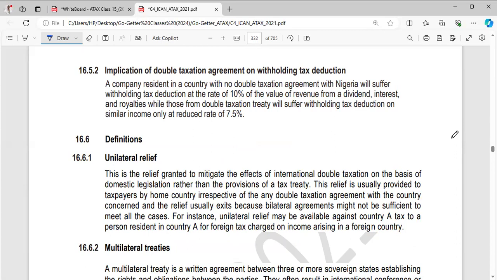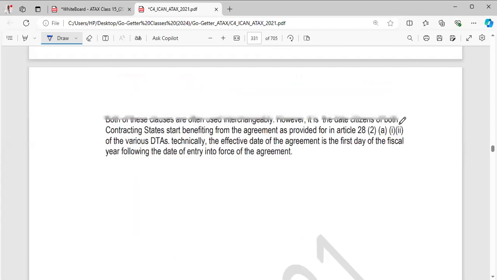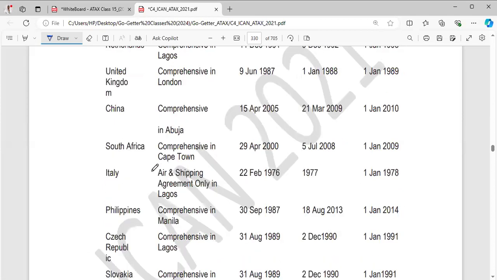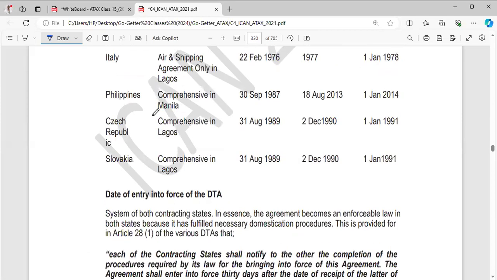So it means a company that is resident, let me look at a country, there's United Kingdom here, there's no US here. I was using US as an example. Now let's use US as an example.